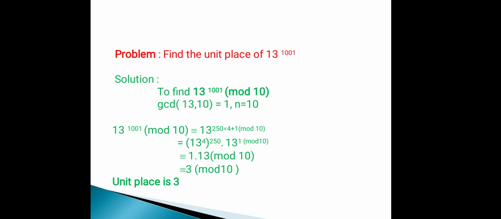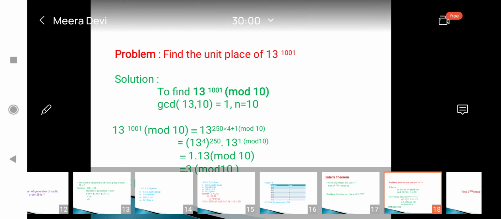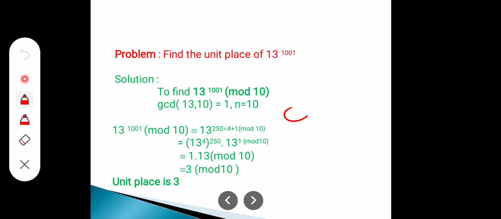Here n is 10, so phi of n is equal to 4, because 10 is relatively prime to 1, 3, 7 and 9 also. So phi of n is 4.